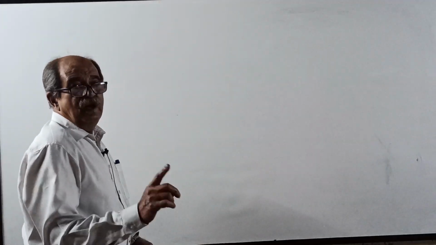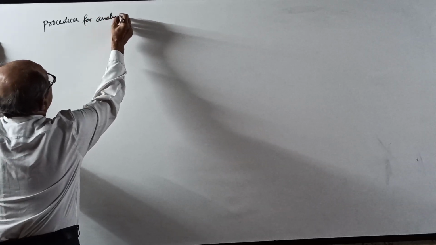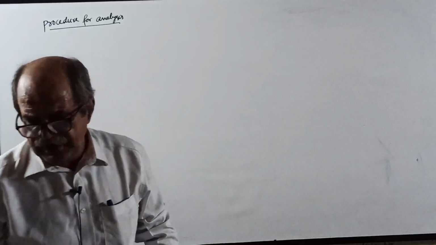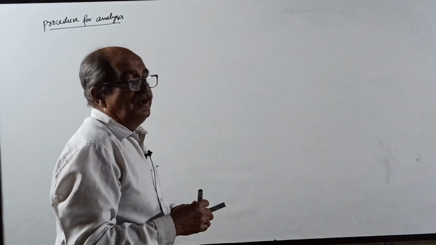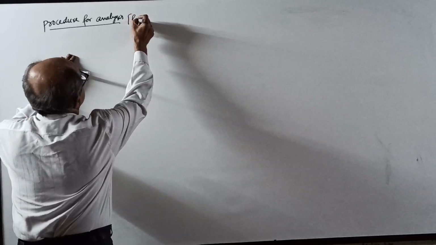Okay. Now I will write here procedure for analysis. Procedure for analysis. After this class is over, everything thoroughly I have to go through. I should check that this is not by chance out of the camera. No problem. First step. This is for both.